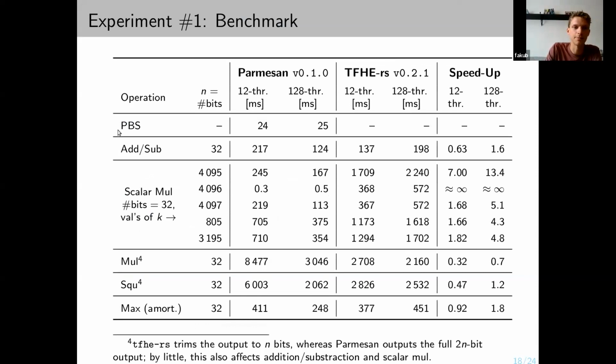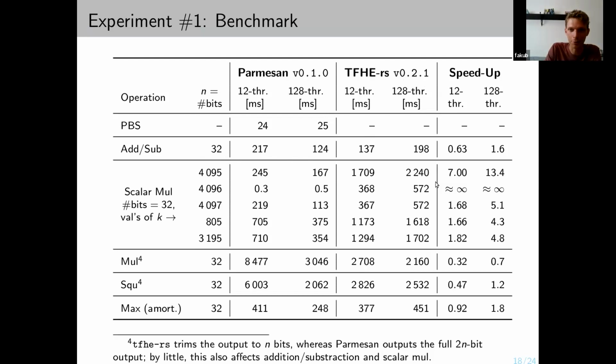So the first line is PBS, it's bootstrapping, it's lookup table evaluation. That's the baseline operation basically, and based on this, all the other timings are derived. In the first line, we can see addition and subtraction of 32-bit numbers. This is for Parmesan on the respective machine. This is for TFHE-rs. In this specific version, there's already a newer version, which is supposed to be optimized a bit better.